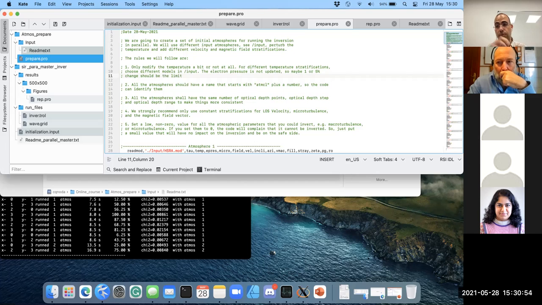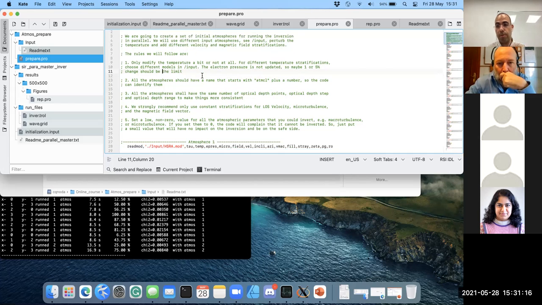I recommend you read the atmospheres and create one or two perturbations of each atmosphere, but I would not change the temperature too much. It's better to have different models that represent different natures on the Sun than modifying the temperature of one model a lot, basically because I'm not changing the electron pressure. So I just change the temperature a bit, or not at all.